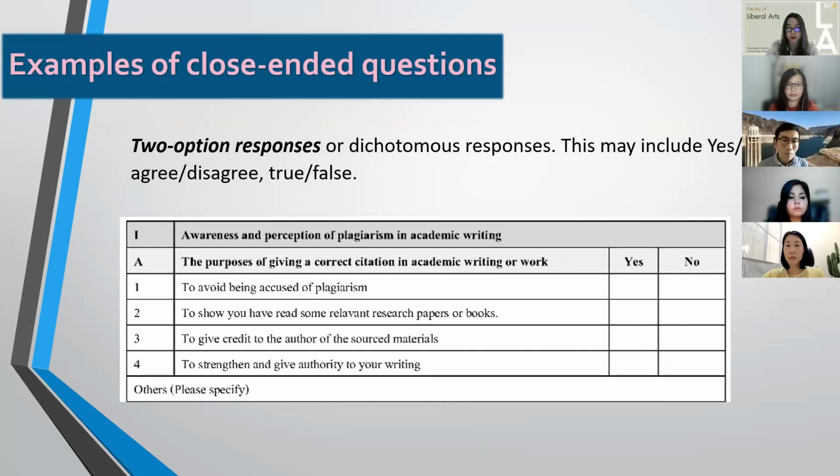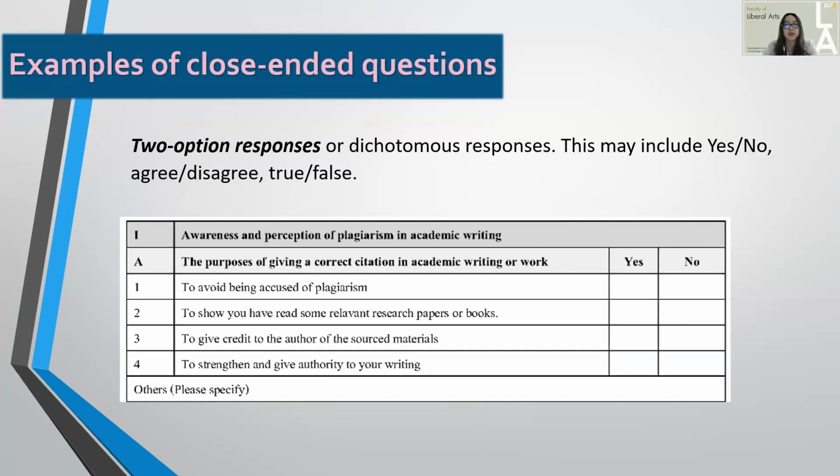And this is an example. You can see that I use yes or no here. My research is about awareness of plagiarism and student understanding of plagiarism. So I asked them, as you can see here, about awareness and perceptions of plagiarism in academic writing. For this type of question, it doesn't matter if yes or no is listed first, but the questions and responses need to be consistent throughout the questionnaire.